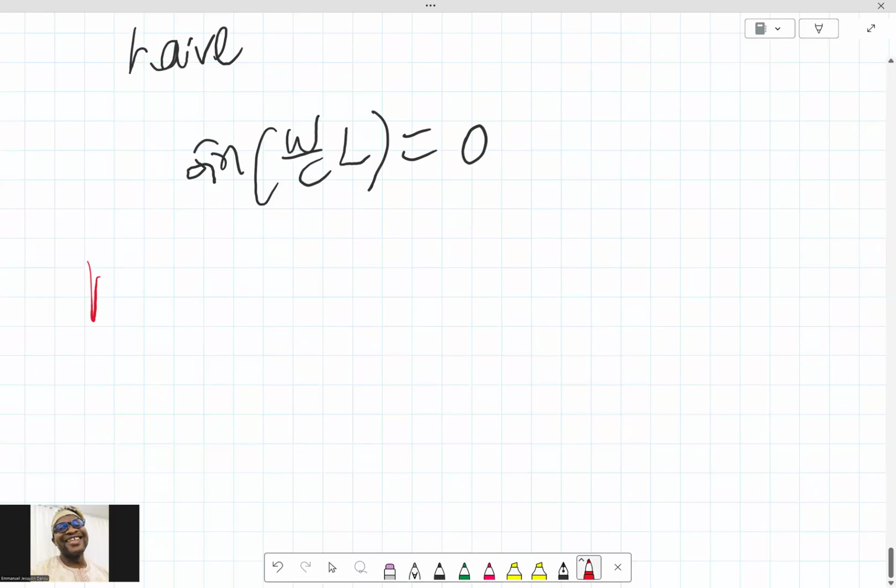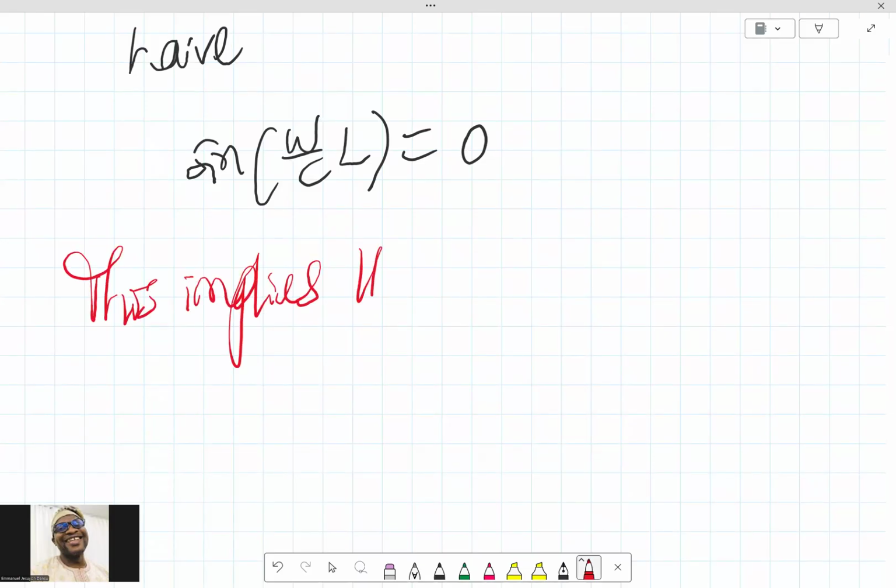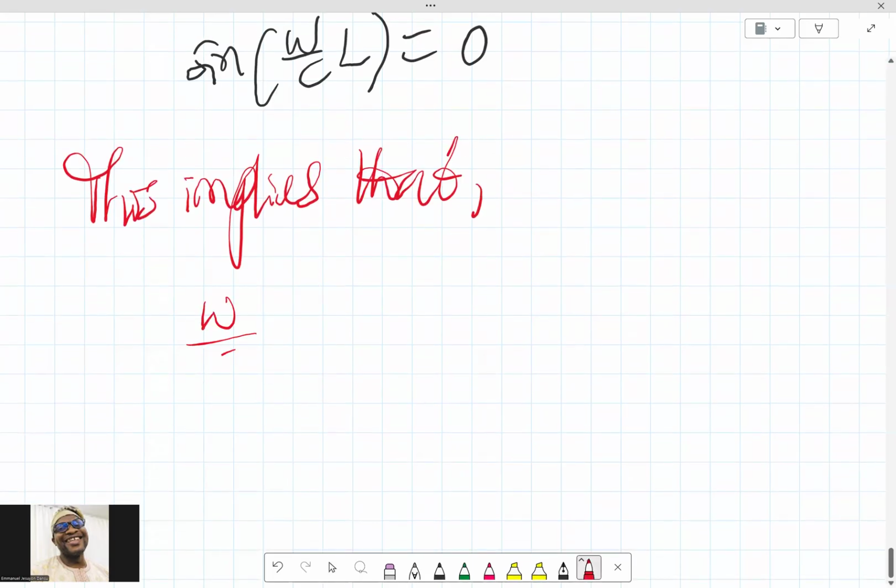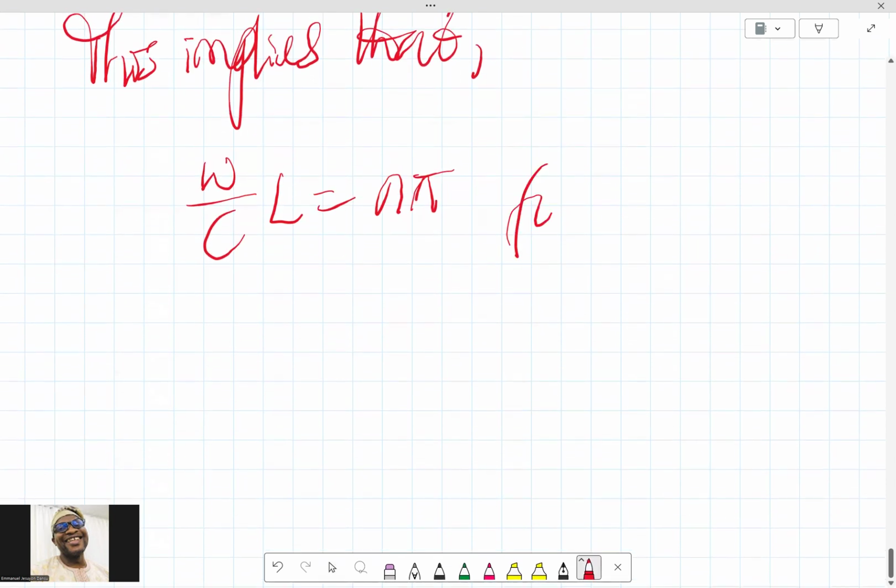So this implies that omega L over c should be n pi, okay? And that happens for n equals 1, 2, 3.